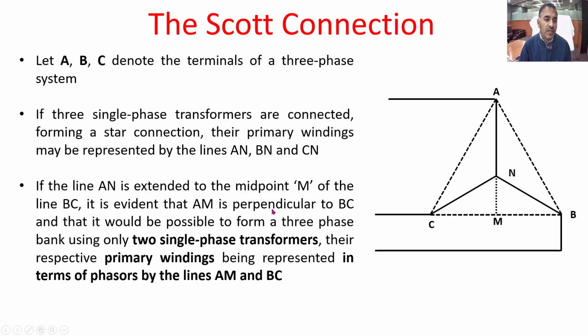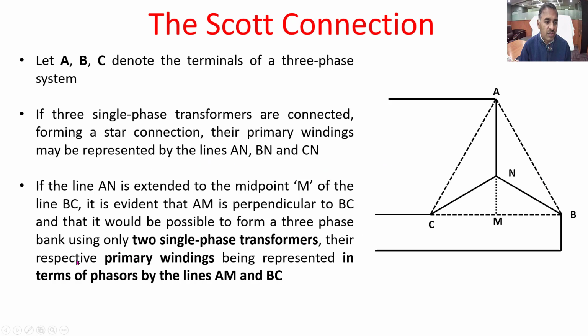The Scott connection. What is the Scott connection? Let ABC denote the terminals of a three-phase system. If three single-phase transformers are connected forming a star connection, their primary windings may be represented by the lines AN, BN, CN.